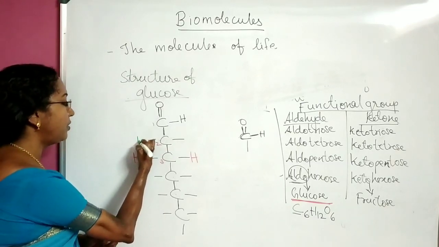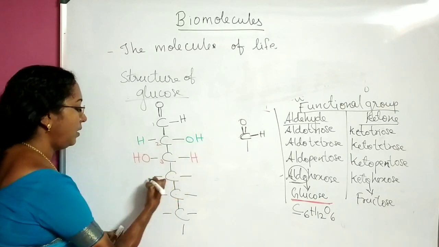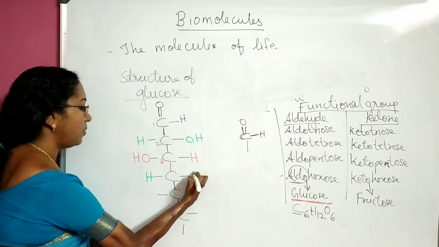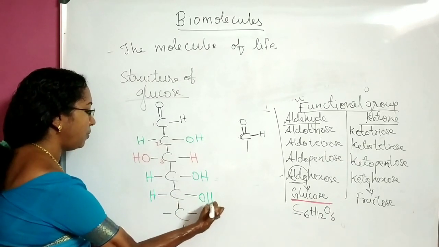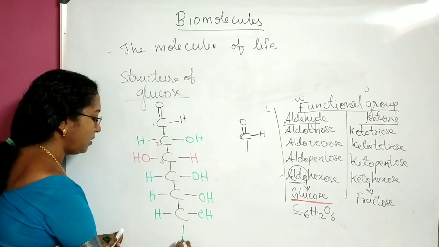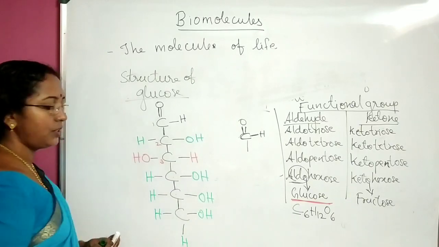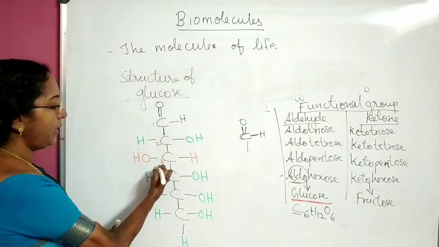That is, hydrogen will come here and OH will come here. Here also H, OH. Here also H, OH, H, OH. Here again another H. So this area you have to be careful.